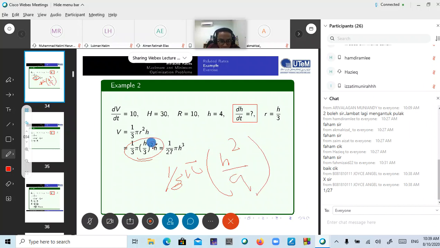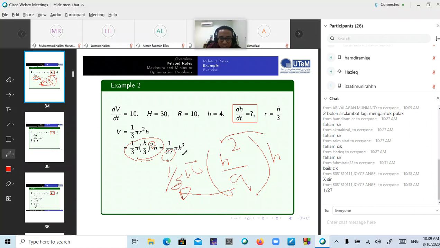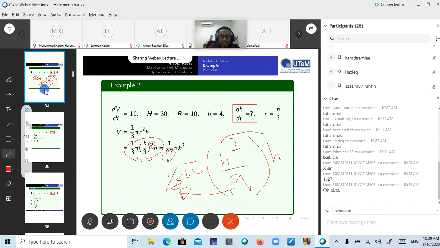Ni kan kuasa 2 kat luar ni. Awak kuasa 2 kan semua. Bila awak kuasa 2 kat luar, awak akan dapat hash kuasa 2 over 9. Okay. Darab dengan hash. So, bila awak expand this equation, awak akan dapat hash cube ni. 9 darab 3, 27. So, tu dapat macam tu. 1 over 27 pi hash cube. Okay. Awak expand je tu. Expand hash over 3 square. Okay. Next.